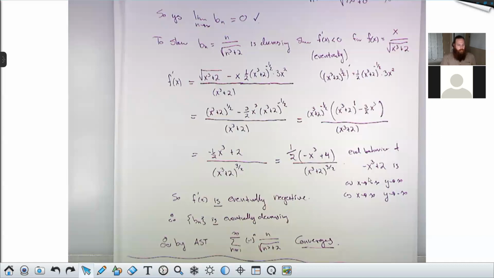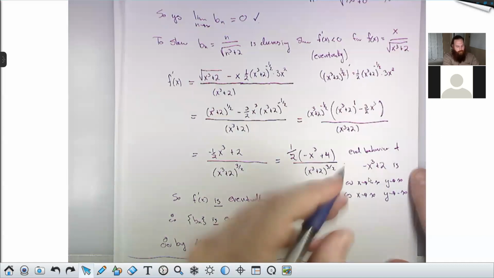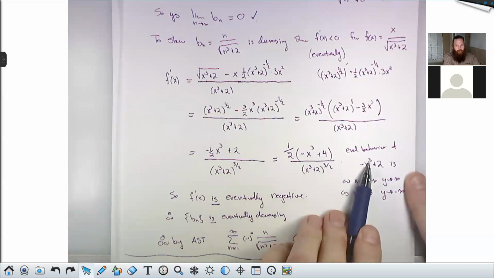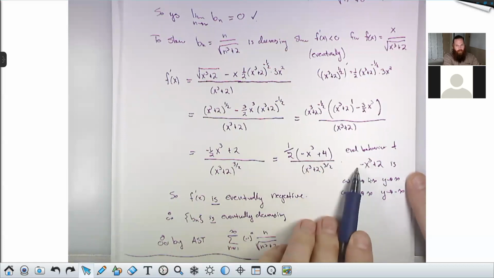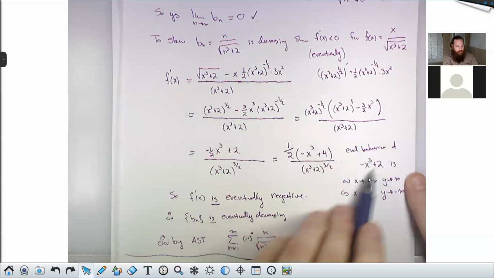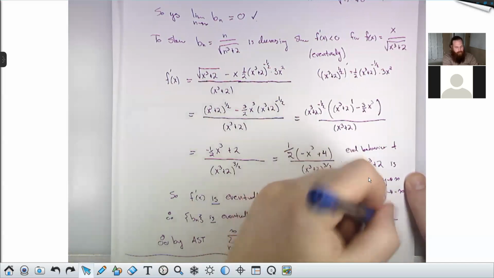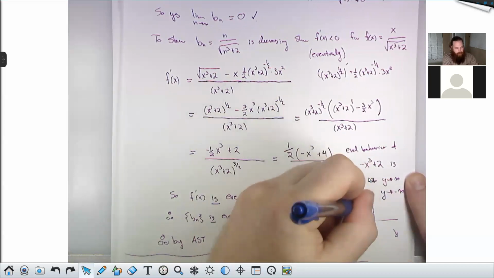End behavior. So remember, if you have a polynomial, this is all about the parity of the power and the sign of the lead coefficient. Because the lead coefficient here is negative and the degree is odd, I know that his end behavior is the same as the end behavior of negative x cubed.